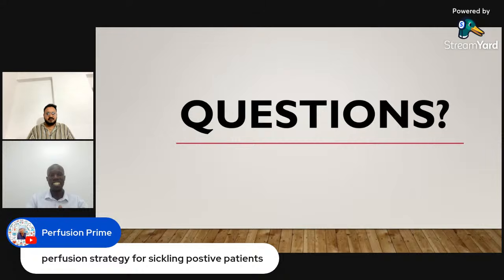What about adding blood for these patients? I've never encountered this case, but one thing I know with sickle cell as a perfusionist is you need to prepare yourself: number one is avoiding cooling, and also the oxygenation needs to be high. Those are the two strategies I can talk about. About the blood, I'm not sure.